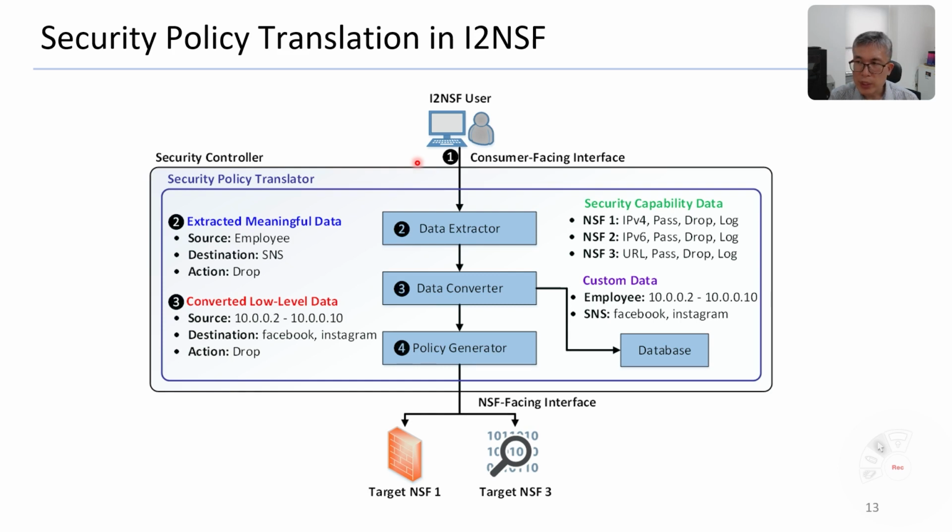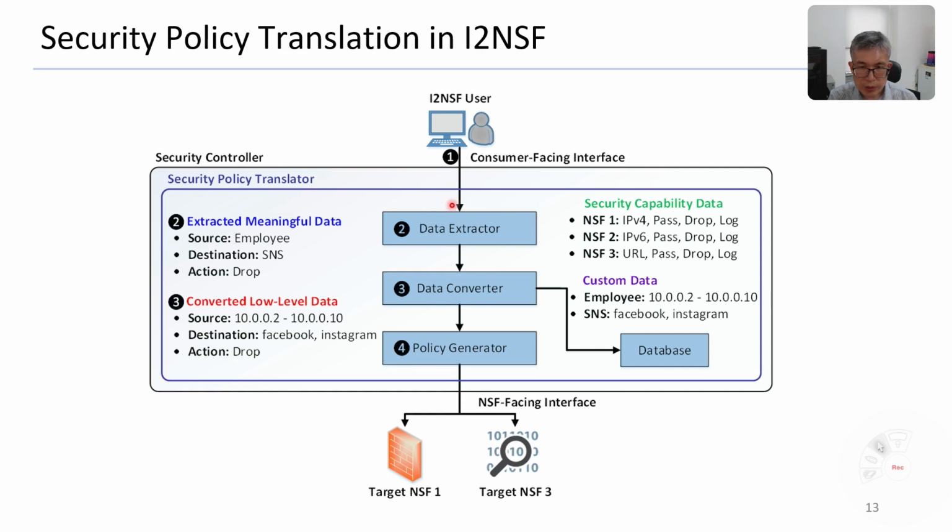So during work time, employees cannot access SNS websites. The timing information in this scenario we skipped; we focus on source and target translation. So the high-level policy for employee SNS access is given to the security controller. The security controller delivers that policy to the security policy translator.